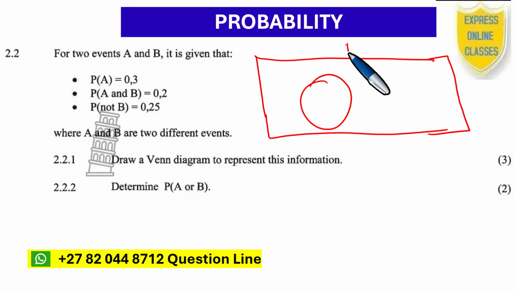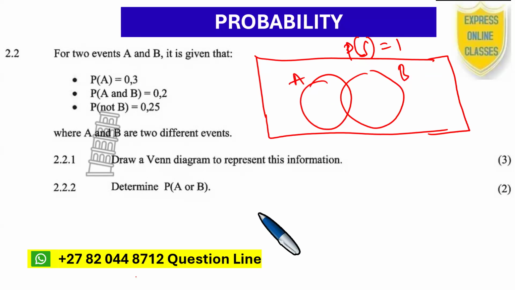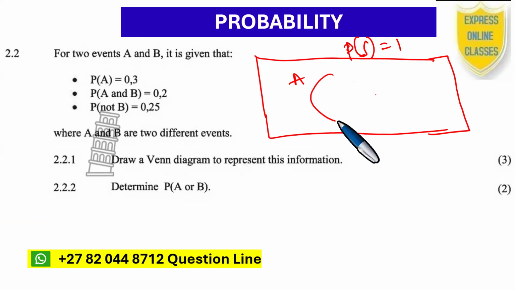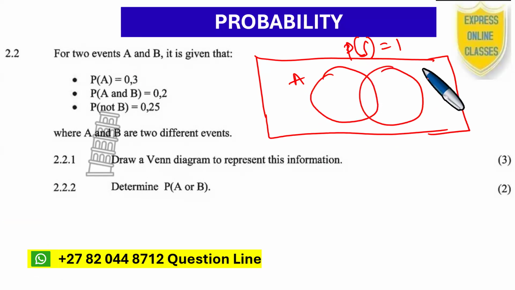We have the probability of the overall sample space is 1. Event A and event B. Not 0.2, not 0.1, not 0.55, not 0.5.